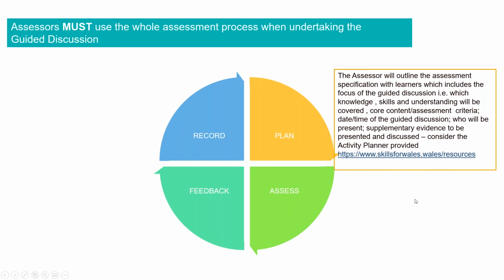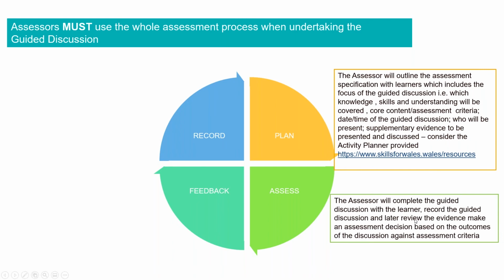The assessor will outline the assessment specification with the learner, which includes a focus on the guided discussion, which knowledge, skills, and understanding will be covered, core content assessment criteria, the date and time of the guided discussion, who will be present, any supplementary evidence to be presented and discussed, and consider the activity planner provided. And again, there's a link to that in the Skills for Wales website resources.